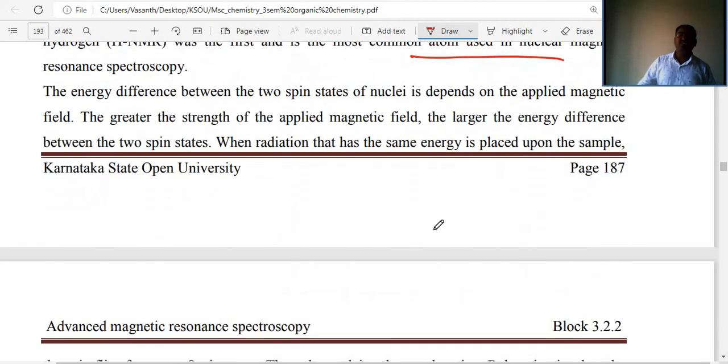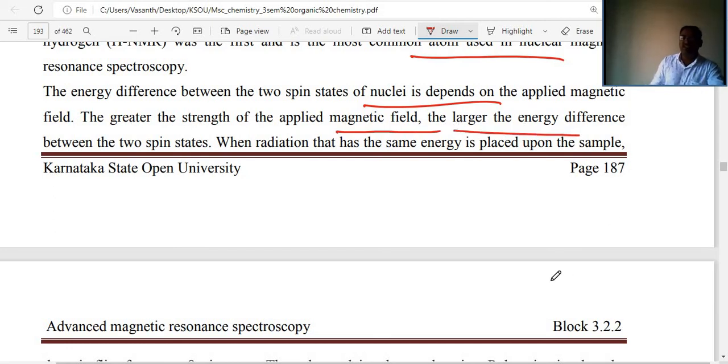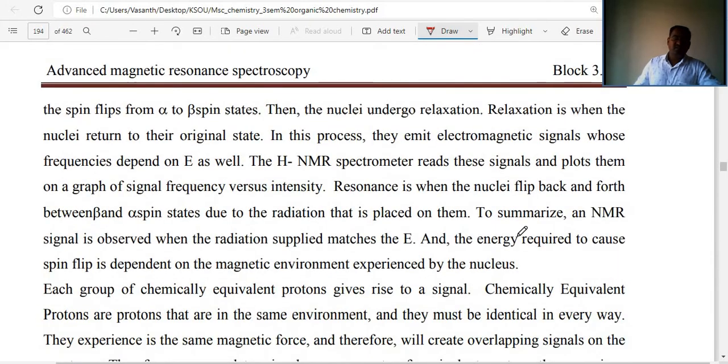The energy difference between the two spin states of the nuclei depends on the applied magnetic field. The greater the strength of the magnetic field, the larger the energy difference between the two spin states. When radiation of the same energy is applied to the sample, the spin flips from alpha to beta spin state.